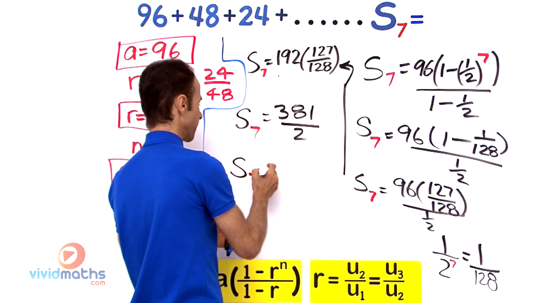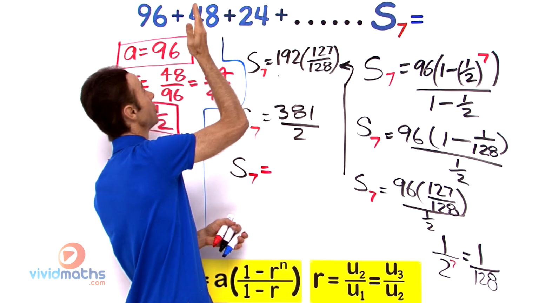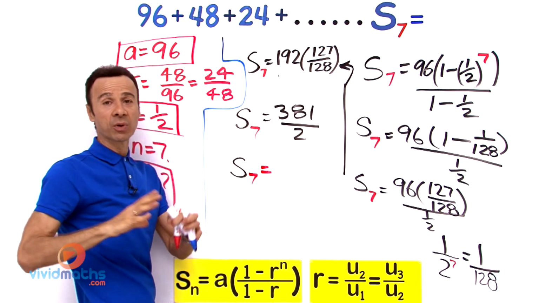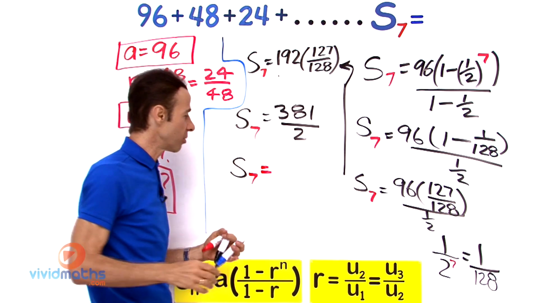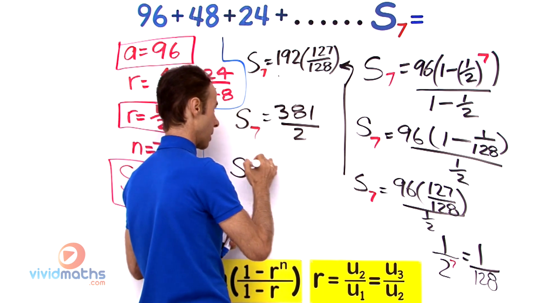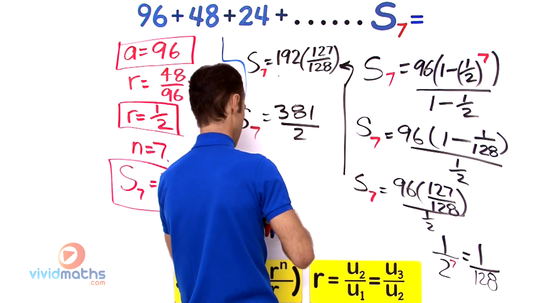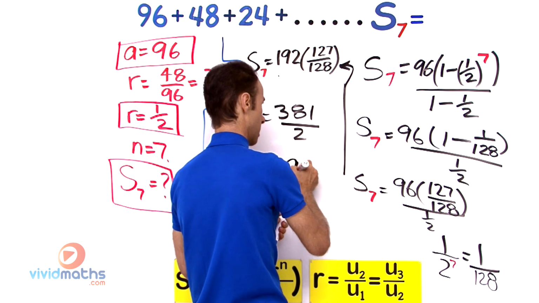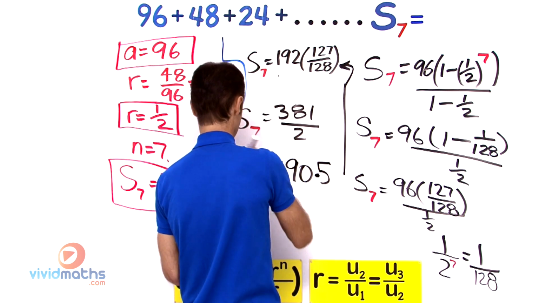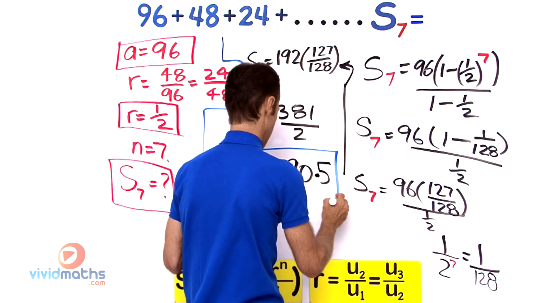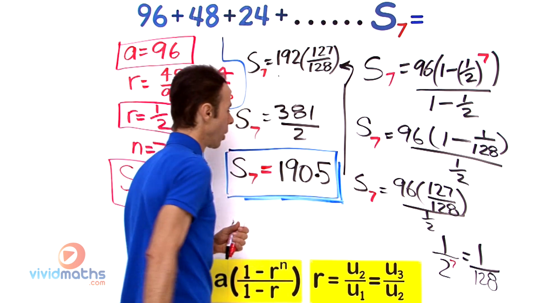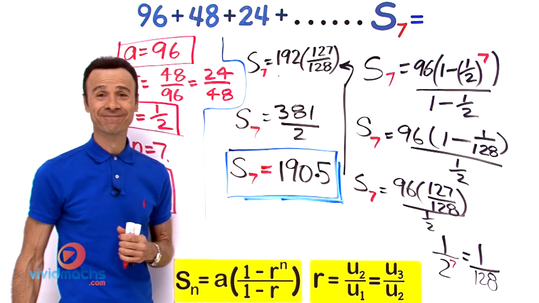The sum to 7 equals, if we take these terms, 1, 2, 3, 4, 5, 6, 7 terms, and add them all together, it'll give us the grand total, the sum being 190.5. There you go.